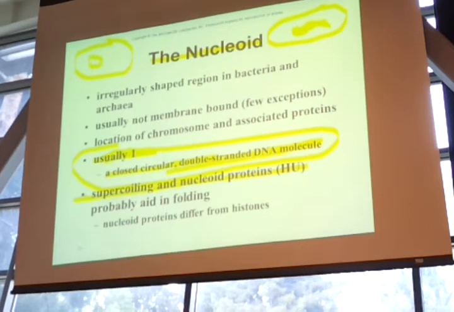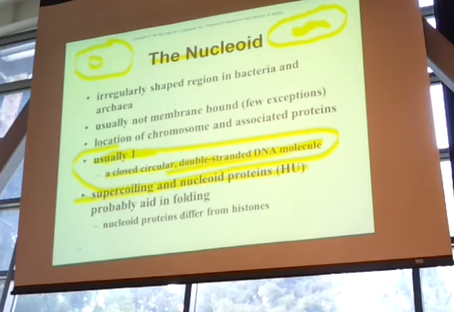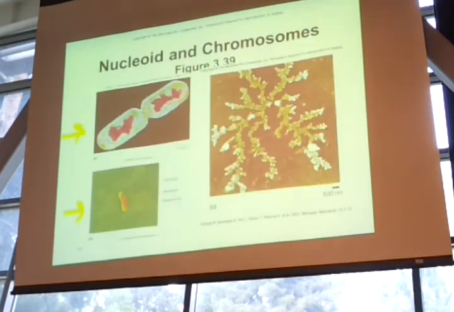Maybe it looked like that when we looked at the invasion with the bacteriophage. And when we talk about other methods in which you get genetic diversity, you'll refer to it like that because it's a closed circle.